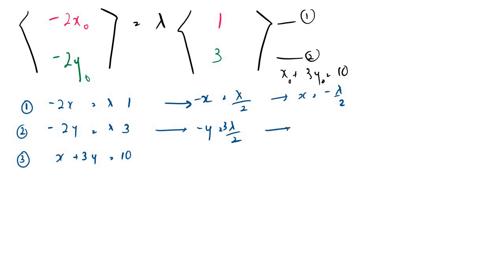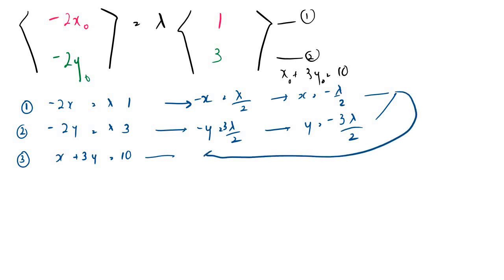So y is equal to minus 3 lambda over 2. Then we substitute these two into equation number 3: minus lambda over 2 plus 3 times, substituting for y, minus 3 lambda over 2, equals 10.